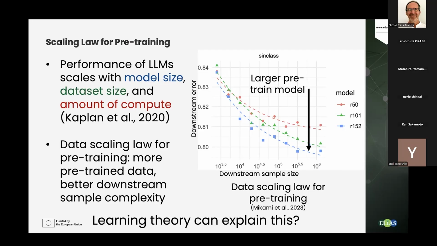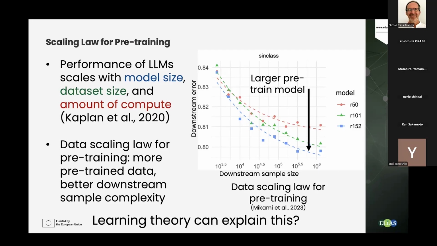So specifically, we're focusing on data scaling for the pre-training. I borrowed this picture from Mikami et al. The horizontal axis corresponds to the downstream sample size, whereas the vertical axis corresponds to the downstream error. And there are three lines here.